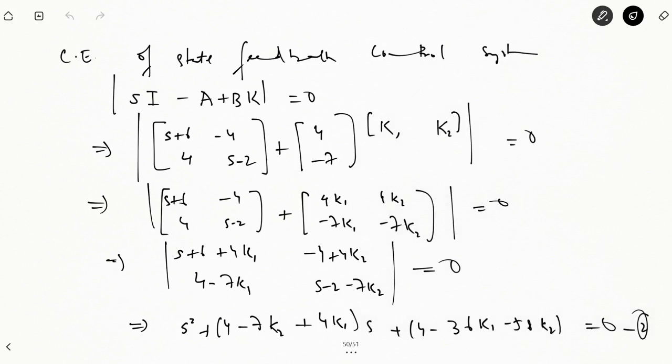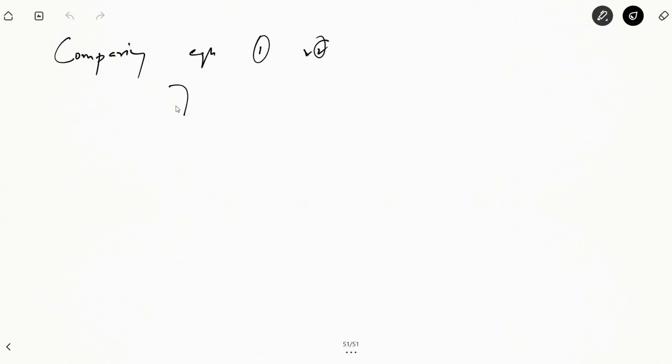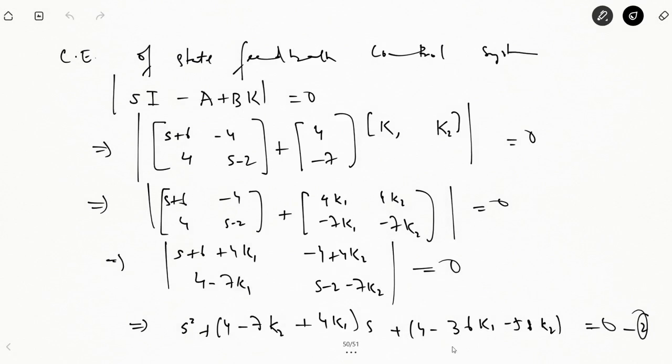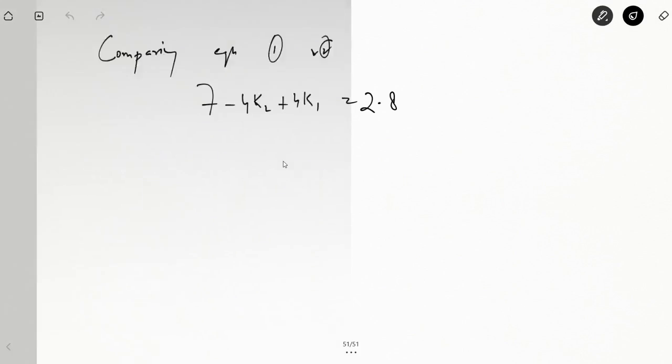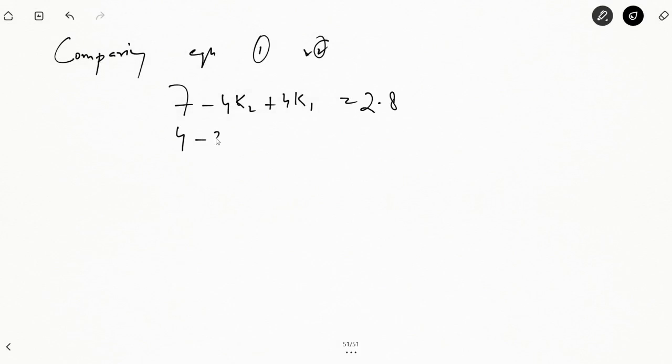You have 4 minus 7k2 plus 4k1. 7 minus 4k2 plus 4k1 is equal to 2.8. And you have 4 minus 36k1 minus 58k2 equal to 4. Fine.